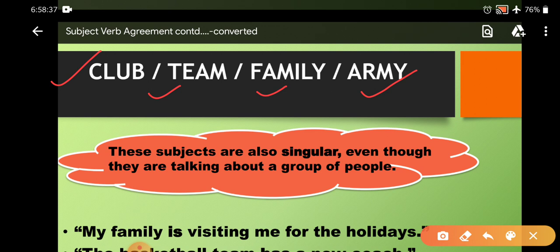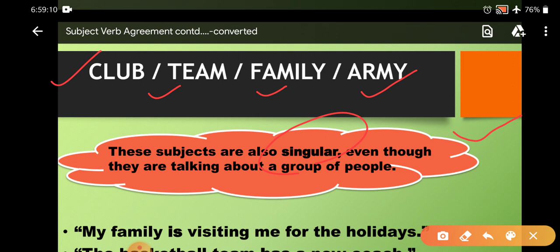Now, these days, there is a debate, there is a breaking down of previous ideas and rules and conventions when we come to usage of collective nouns like club, team, family, army, etc. First of all, the collective nouns are actually singular.